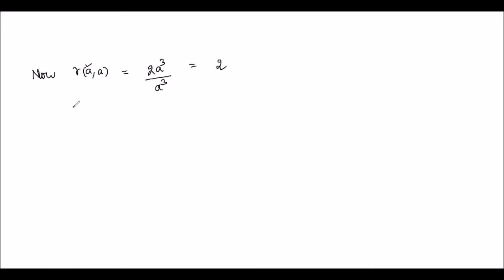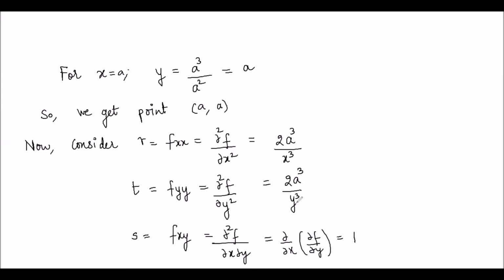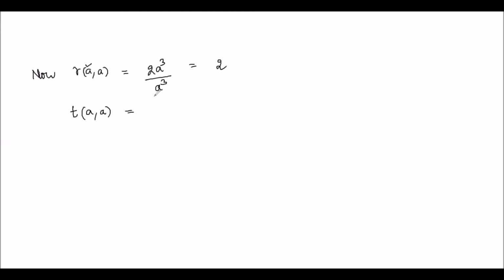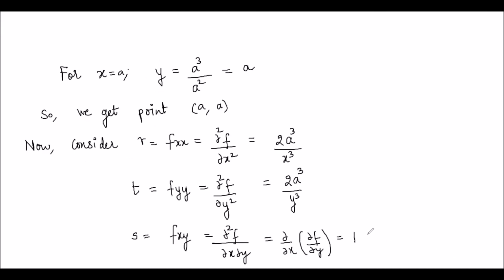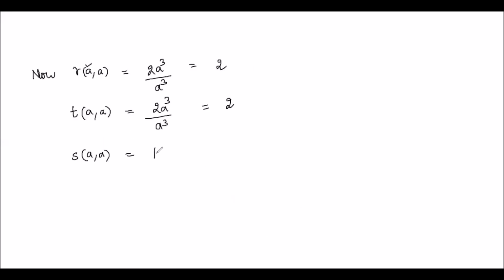Then let us evaluate t at this point. T is 2a cube upon y cube. At the point, y is a. So again we will get t as 2a cube upon a cube, which is 2. And s is a constant 1, so it will remain the same, 1.